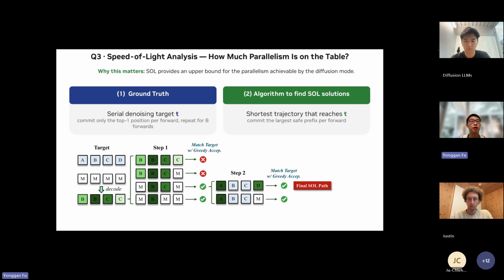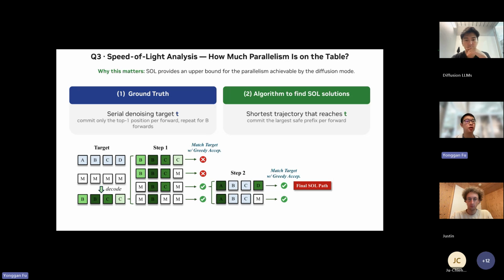And to achieve the SOL, meaning speed of light, the upper bound of the diffusion mode, we actually have an algorithm to deliver the SOL solution for the diffusion mode. Maybe an easy way to illustrate that is that we will first have a ground truth. The ground truth is defined to be the denoising trajectory when you decode only one token every time using the confidence as an indicator.